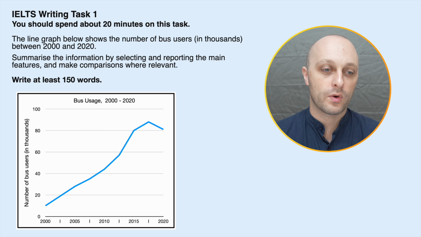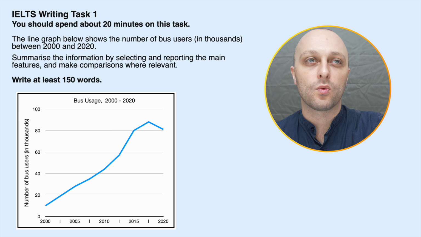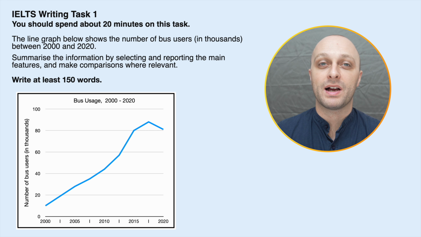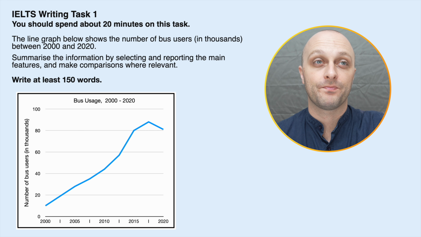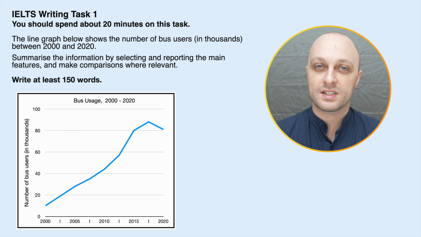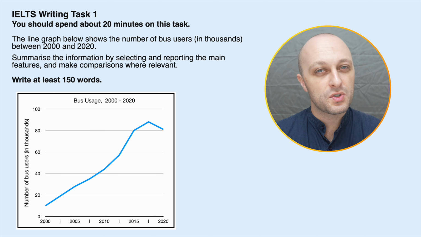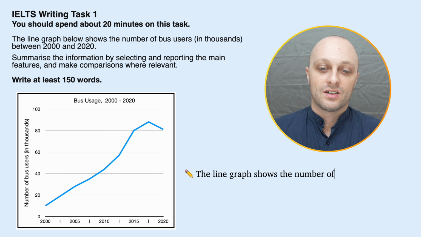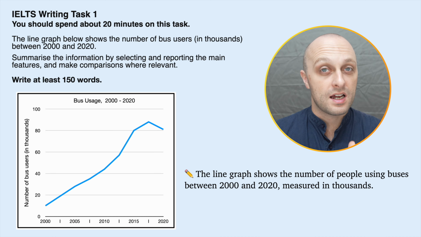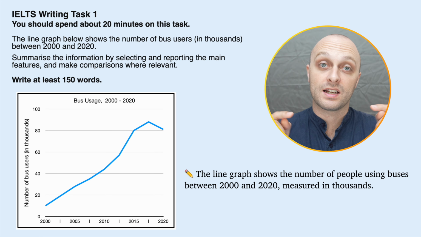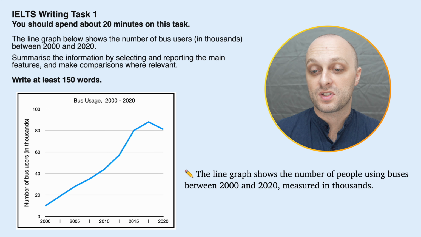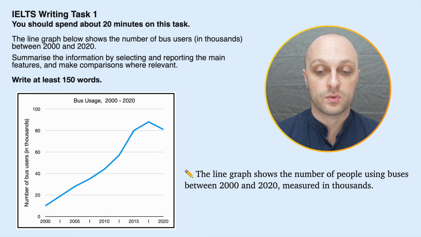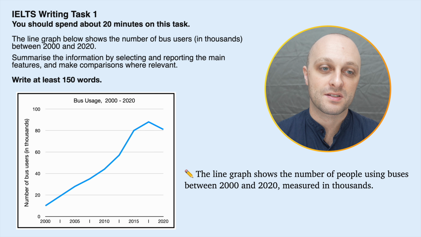So I have a quick skim, and then what we can do is start thinking about our introduction, okay? It should be one sentence, ideally 2 clauses. One thing we see time and time again is something like this. The line graph shows the number of people using buses between 2000 and 2020 measured in thousands.